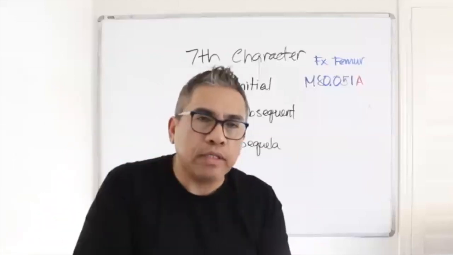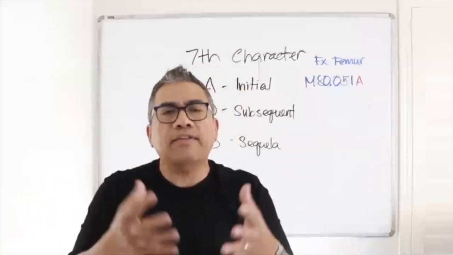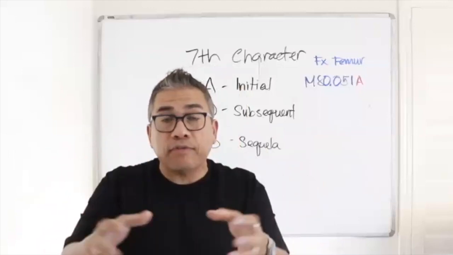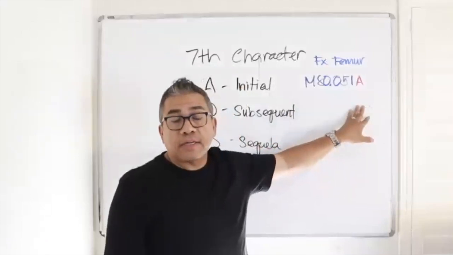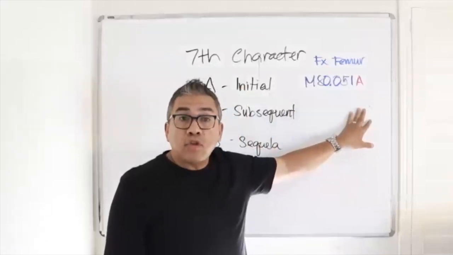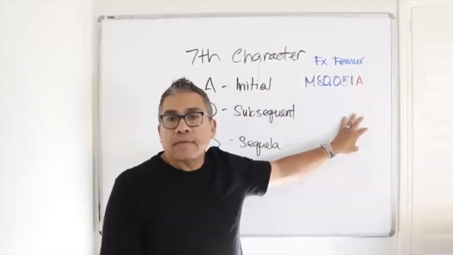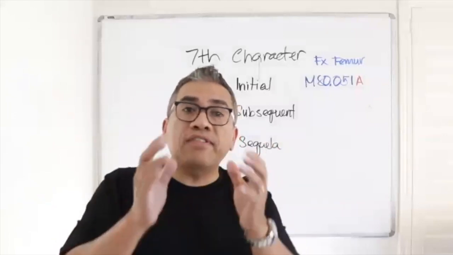The following week, the doctor will have to adjust the screw, the plate, the rod, and stuff like that. So as long as the patient is on active treatment, you are to assign this initial letter A, because you want to get paid appropriately. So that's the importance of the 7th character.